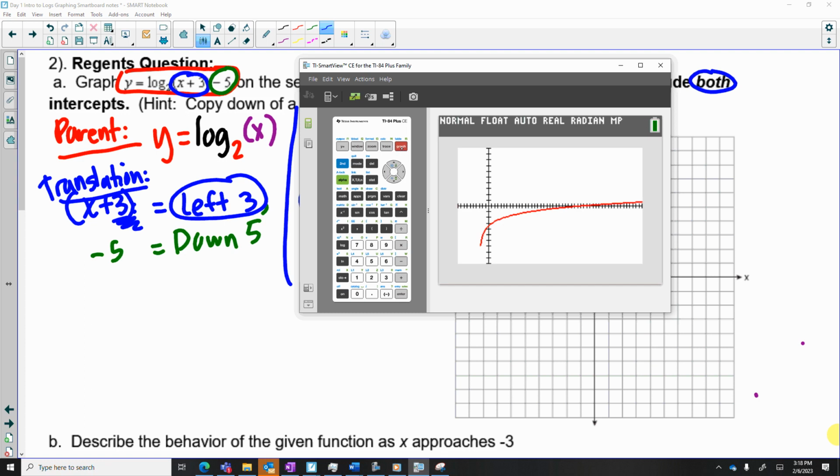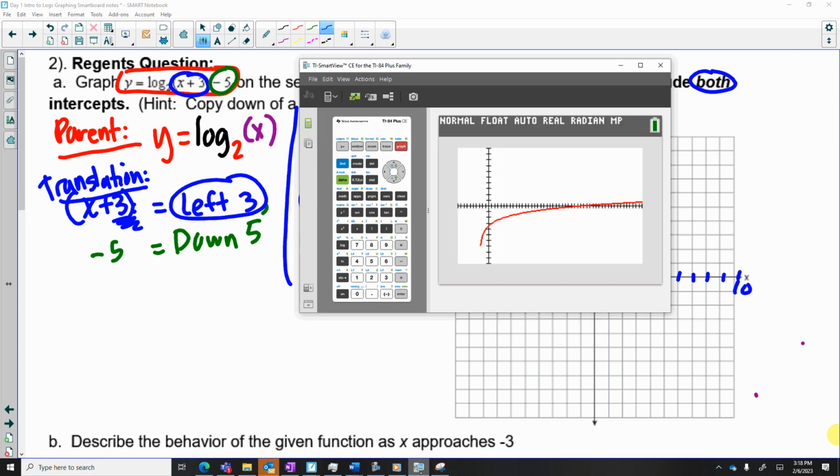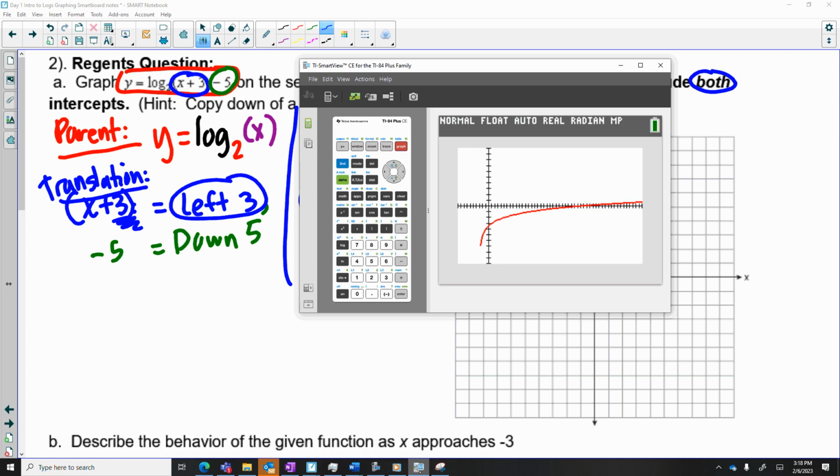So already I know that I cannot count by ones on the x-axis, because if I count by ones, 5, 6, 7, 8, 9, 10, there's no way I'm going to hit my intercept, because my intercept is way past 10, okay? That's why it says use an appropriate scale on the axis, so that you have enough increments to hit that intercept.